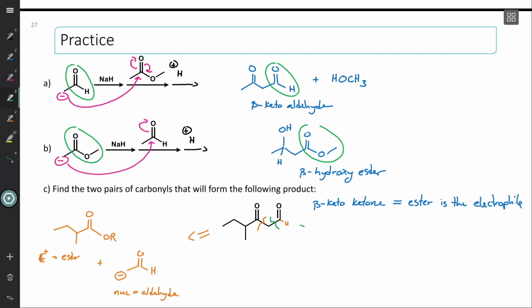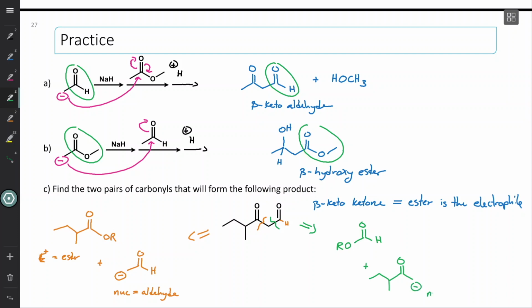Now if we break it the other way, so we want to have this piece stay the ester, right? Well, it doesn't have to be methyl, it could be any ester. And our other half will be our nucleophile.